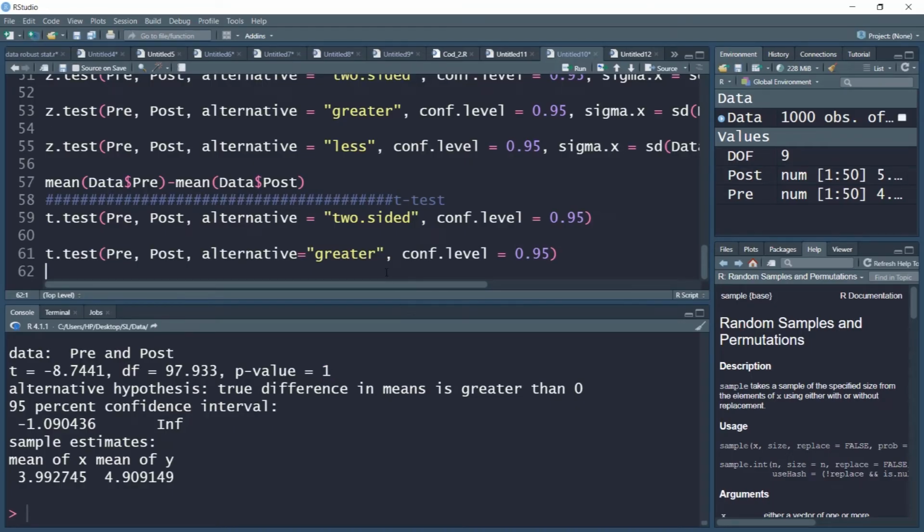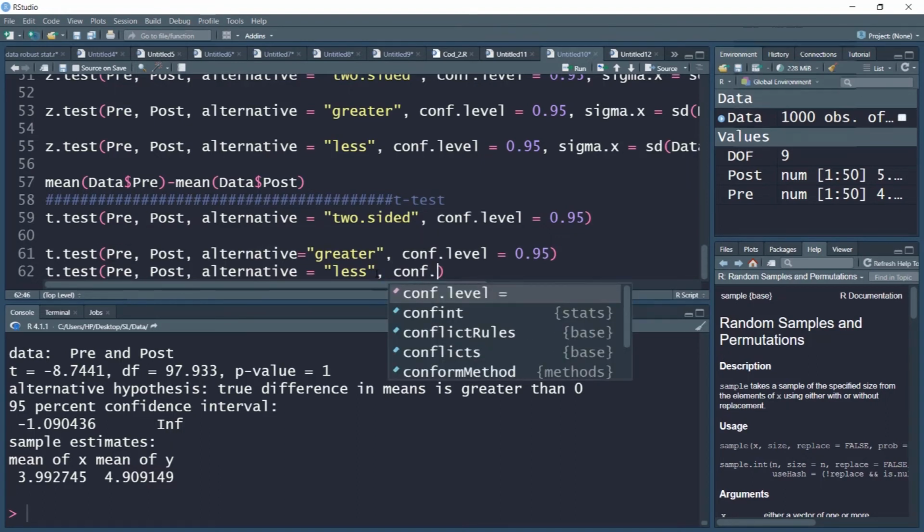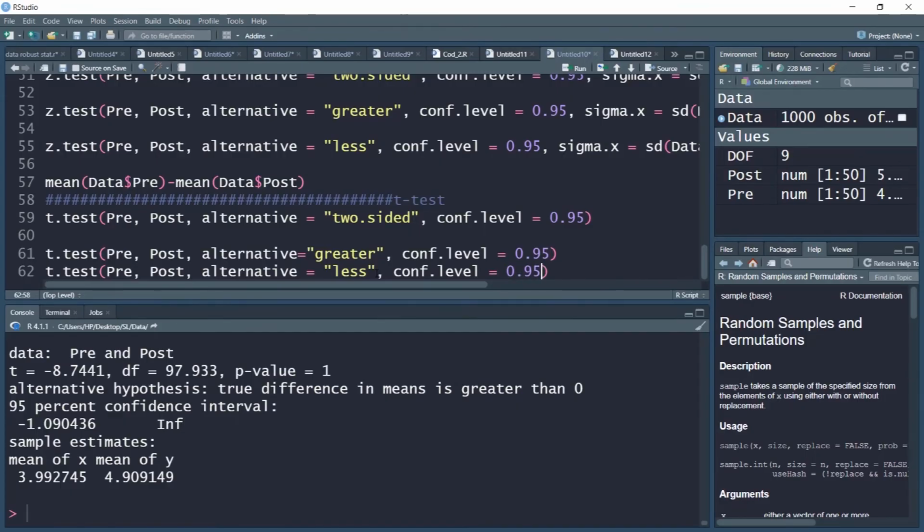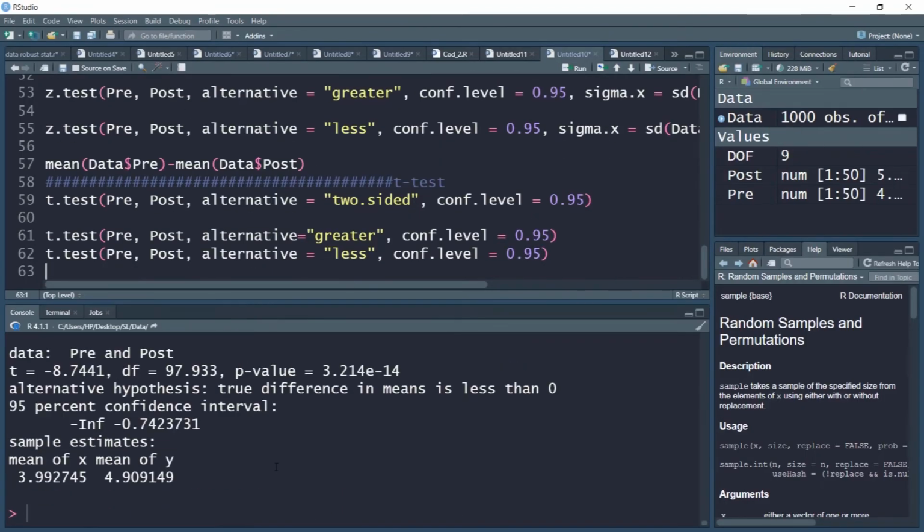But to check the statistical significance of that and prepare our hypothesis design around it, we'll rather use the other tail. That means we'll use the less argument. We'll put our alternative as less. That means post is greater than pre. So post minus pre is on the positive side and pre minus post is on the negative side. So we'll set the confidence level as 95% and let us run this.